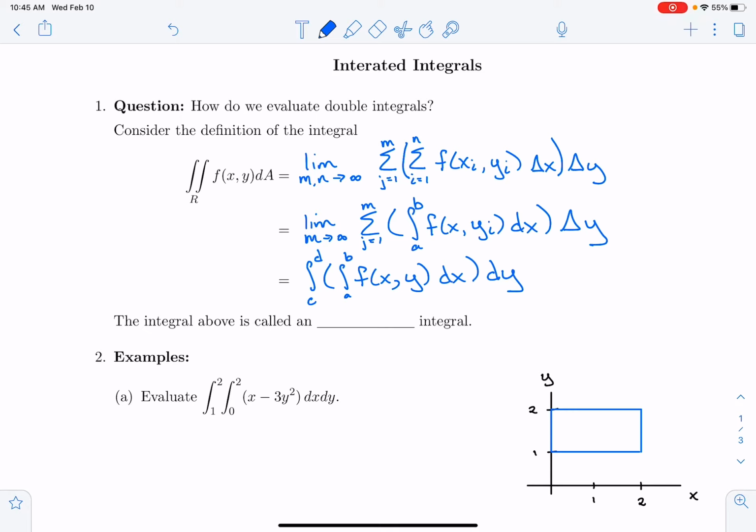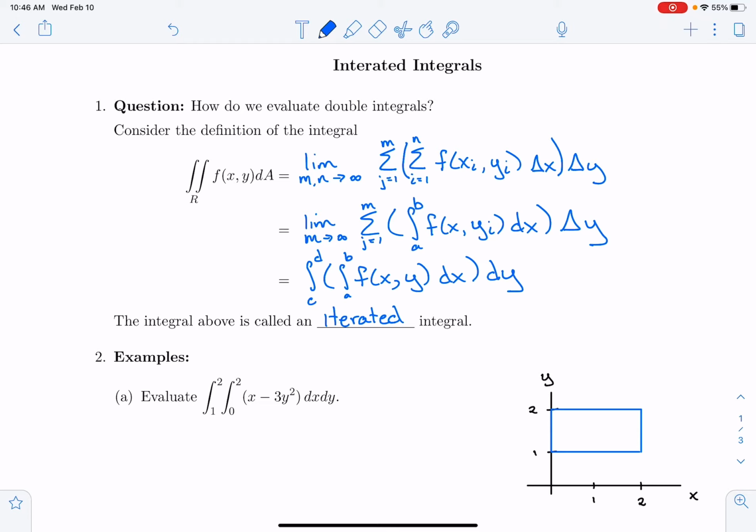What we have inside the parentheses is an integral that we perform dx, and the result is a function of y. Then outside the parentheses, we have a function of y that we're going to integrate dy. So this integral above is called an iterated integral.